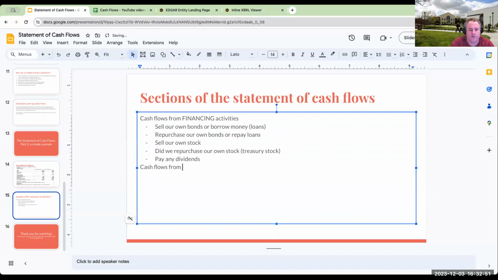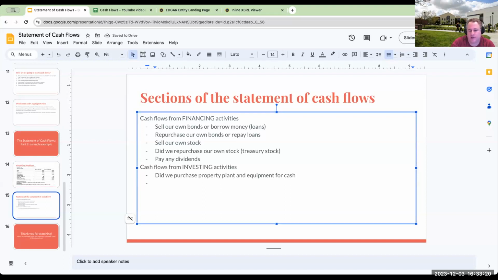Cash flows from investing activities. For our investing activities, did we purchase equipment, purchase property, plant, and equipment? The purchase of property, plant, and equipment for cash is going to go in investing activities.